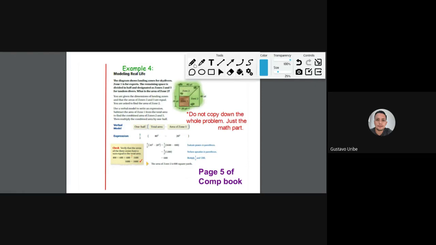Okay, let's see which information I have been given. If this is 20 yards, then I know this right here is 20 yards. If this is 20, then I also know that this little part is 20.